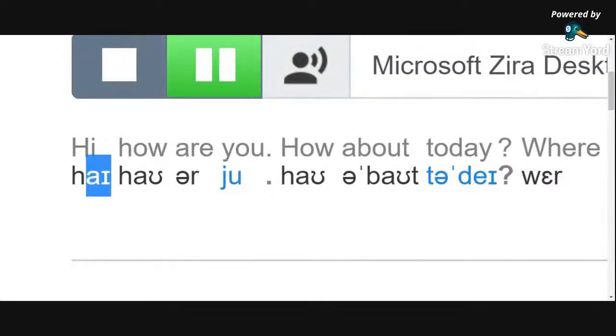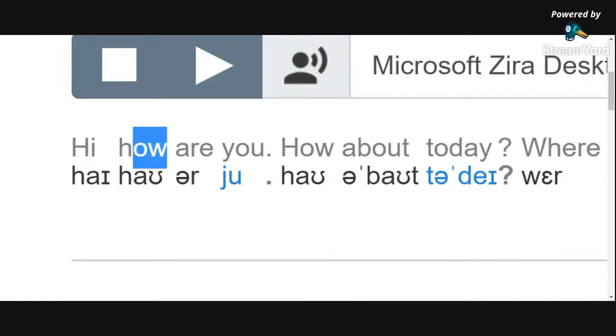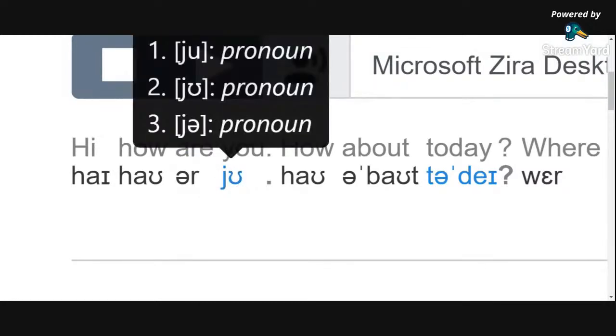Hi. I becomes the I sound. O W becomes in phonetics AU. R. Have air you, not the R sound. Here the air sound. Have air you. J becomes the J symbol.